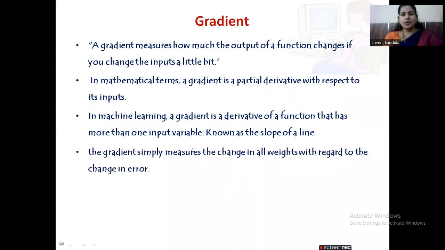Our gradient measures the change in all weights with regard to the change in error. Whenever there is an error, that means there is a difference between the actual output and the observed output. So T minus O we are calculating. This is how we calculate our error. So whenever there is an error, by how much your weight should change is measured by the gradient.